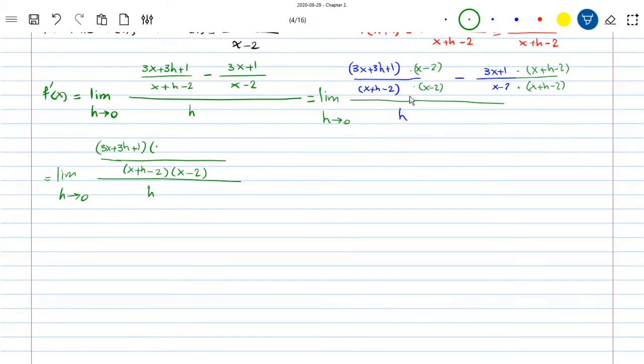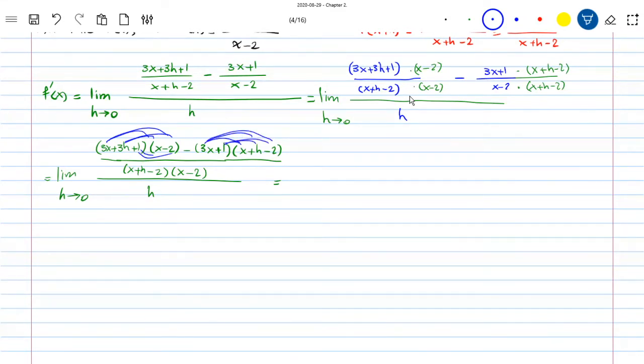You can skip some steps. I'm going to write it out for the first example. After that, you can skip ahead. Minus 3x plus 1 times x plus h minus 2. Okay, so now for the numerator, simply distribute every term. You do this for all the terms, and the same for the other one, and try to simplify.